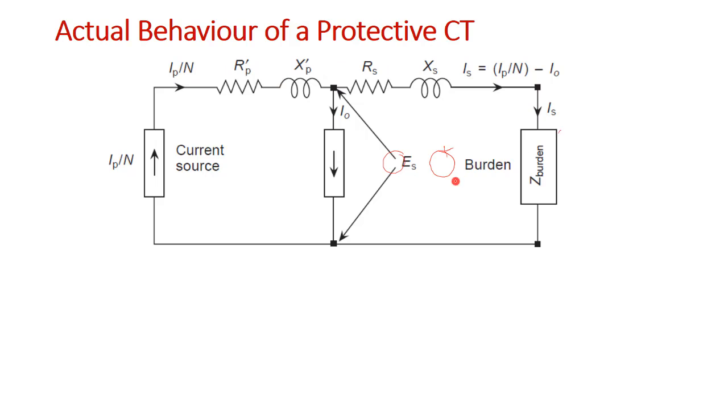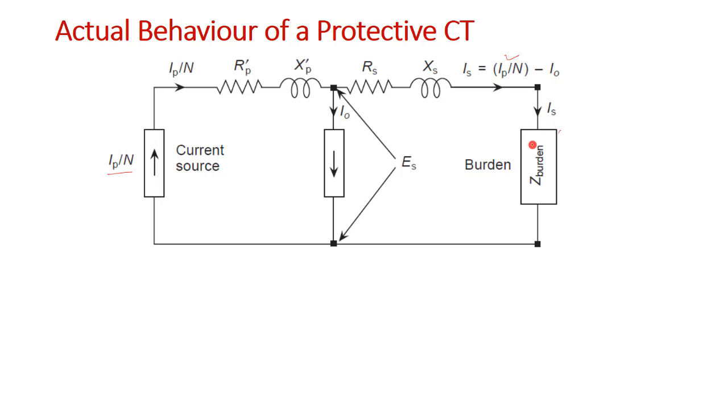In the equivalent circuit of the CT referred to the secondary side, we can say there is a current source having value IP by n, and your equivalent circuit becomes RP dash, XP dash, RS, XS, and IS will obviously be IP by n minus IO, right?